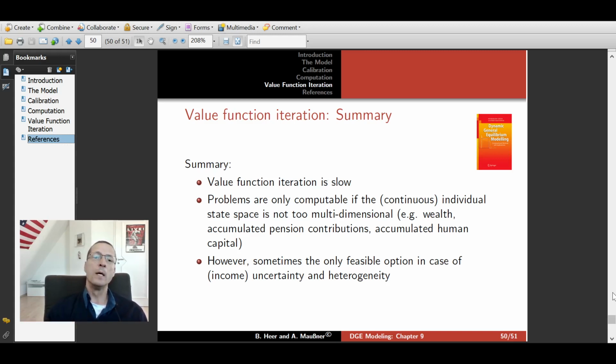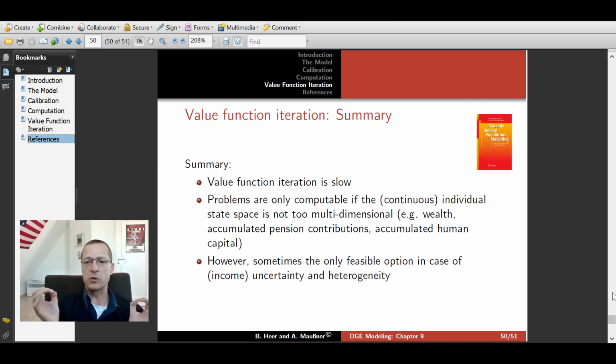It's too slow, and we only may consider problems, well, in my experience and with current computer technology, 2 individual state variables which are continuous, like, for example, wealth and contributed pensions, are usually enough. 3 state variables is sometimes already beyond the computation, especially if our function is not really linear, but we have to approximate it at many grid points.